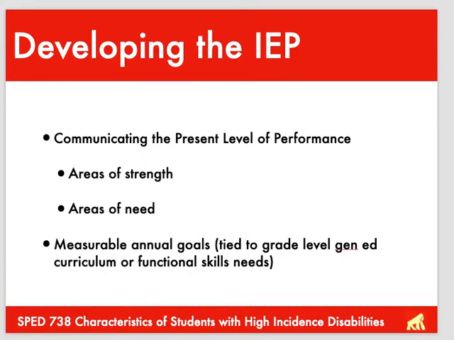And I think that's so important because we want to build on the student's strengths. We want to build on those areas where they are being successful and use that to help beef up those areas of need, okay? So it's really important as we're completing that present level of performance that it's not just full of the areas where the student is behind, where they're struggling, okay?